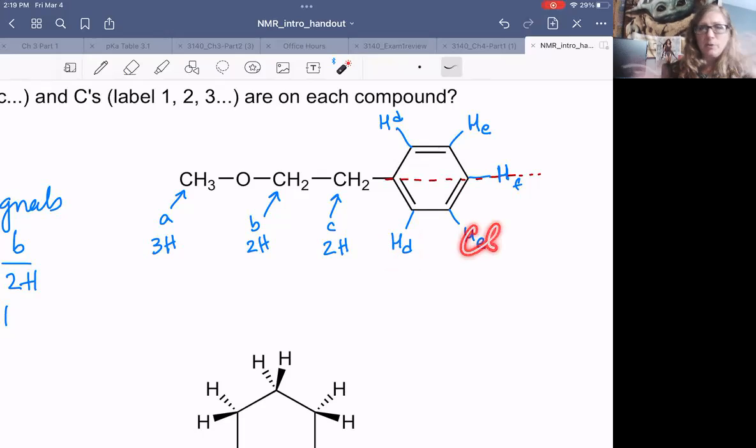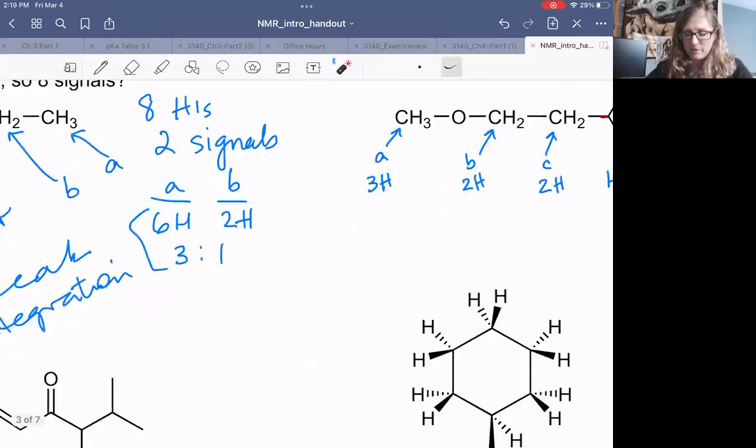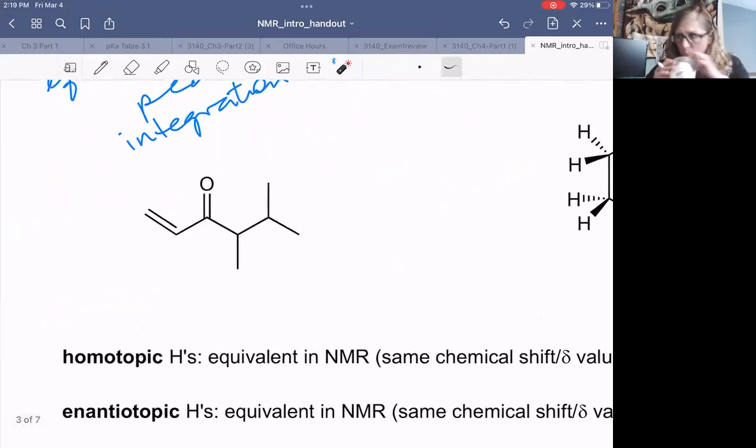Because those would lead to different compounds, that's for sure how we would know that they're not equivalent. Whereas if we exchange either of these 2 hydrogens with the chlorine, we'll look at the relationship there too. So that's called a little substitution test. We'll look more closely at some examples in just a minute.